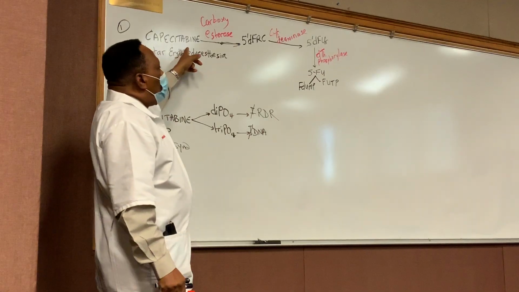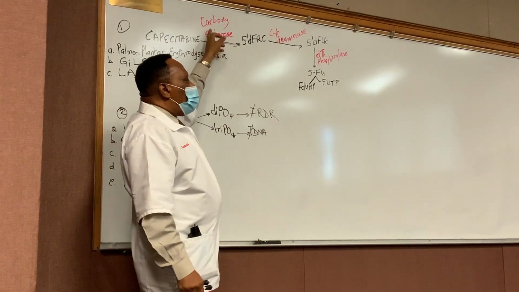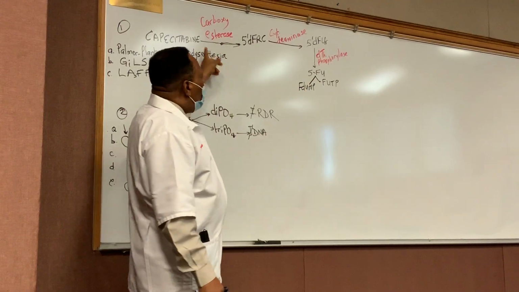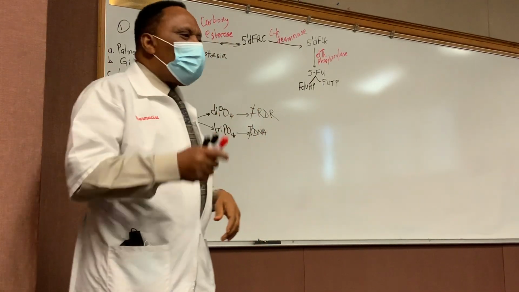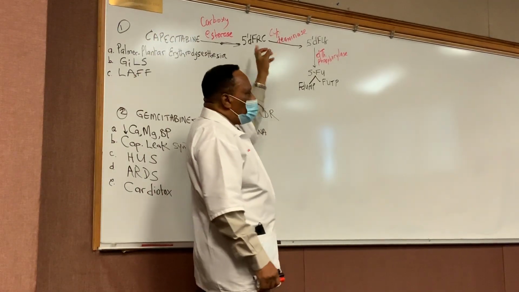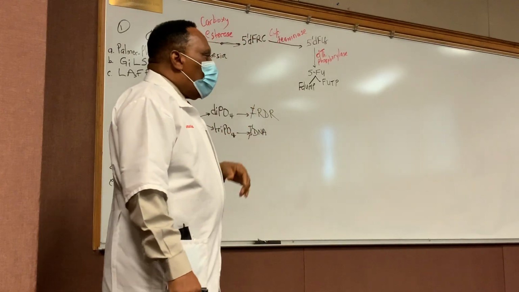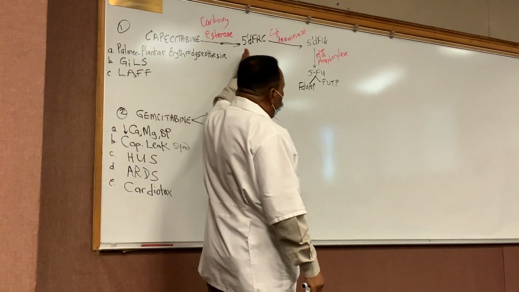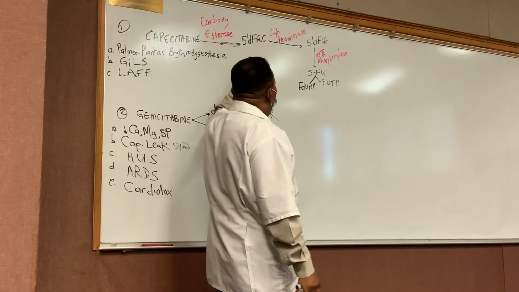Capecitabine, when it's given, is converted by carboxylesterases to 5'-deoxy-5-fluorocytidine, or DFCR as we call it.